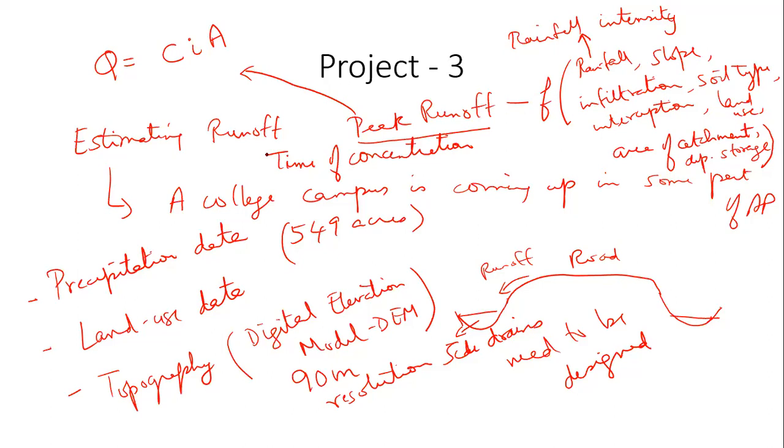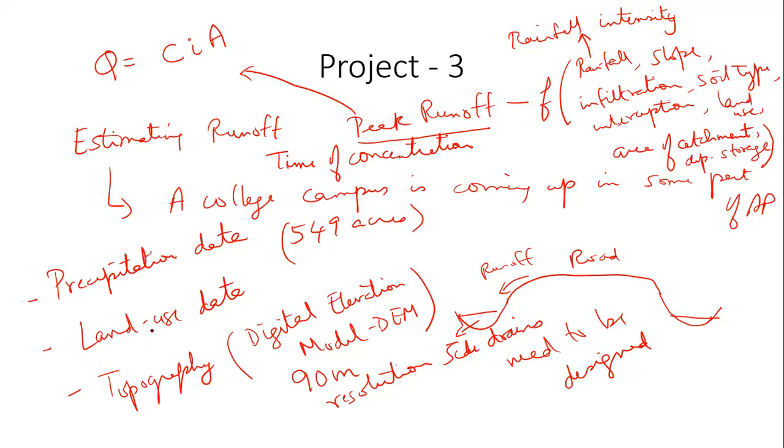So in this particular case, for the sake of simplicity, we'll assume that the area of the watershed is the area of the campus, right? 550 acres or whatever your campus size is. This runoff coefficient, you will estimate. How will you estimate the runoff coefficient? You are going to be given the land use data, right? Now remember, before you build the campus, your campus will have a certain kind of land use.